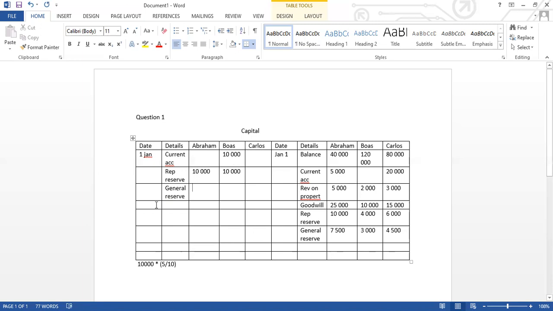However, we need to write it back. We need to show it on the new books of the partnership. Therefore, Abraham and Boaz will both give 7,500. So they bring back the 15,000 into the business.